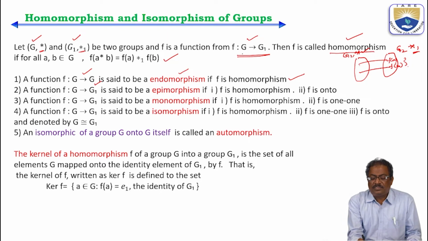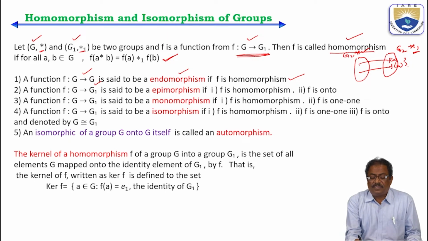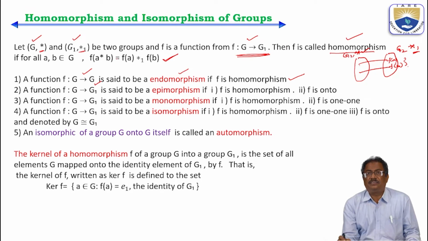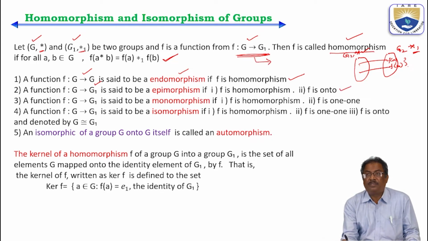See here, the function is from G to G1. This condition is satisfied, so we can call it a homomorphism. If instead of G to G1 we take G to G and it is satisfying the homomorphism condition, then it is the endomorphism. Now if this function is homomorphism and onto, then it is known as epimorphism. A function F from G to G1 is said to be epimorphism if F is homomorphism and onto.